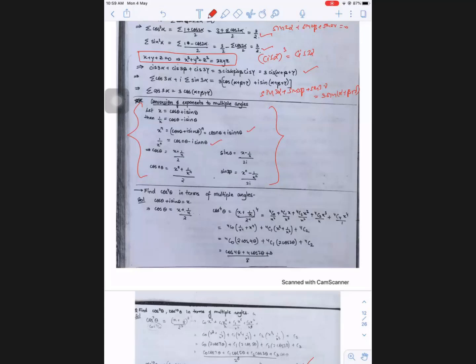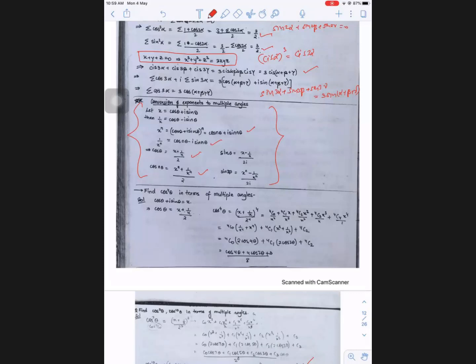By using this, if you add the equations, cos theta equals (x plus 1 by x) by 2, and cos n theta equals (x power n plus 1 by x power n) by 2.